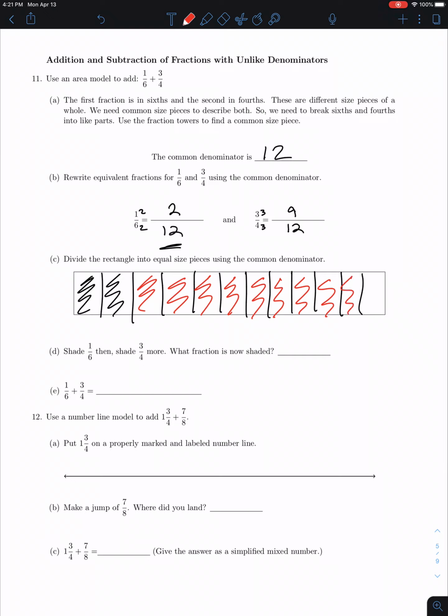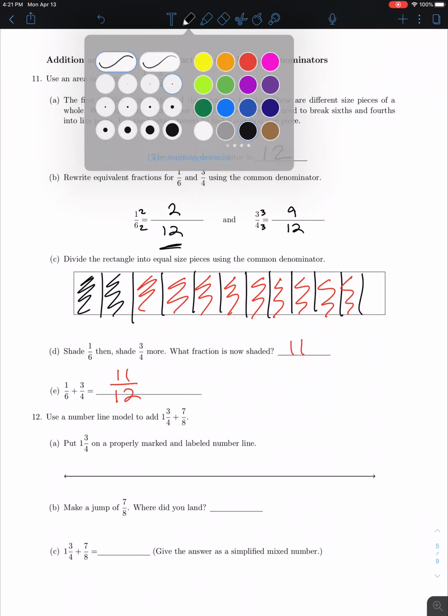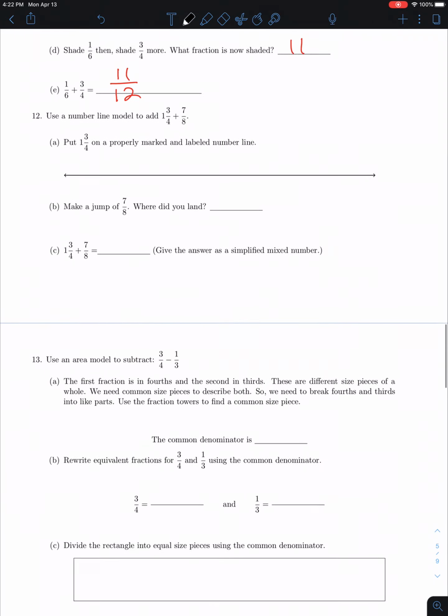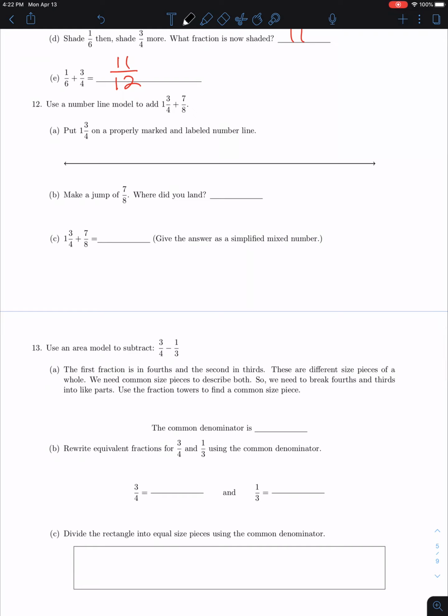How many pieces are shaded all together? If we count them up, it looks like 11 are shaded. So in this case, our answer would be 11 out of 12. All right, is that okay? Good. All right, so now same thing, we want to add using a number line.